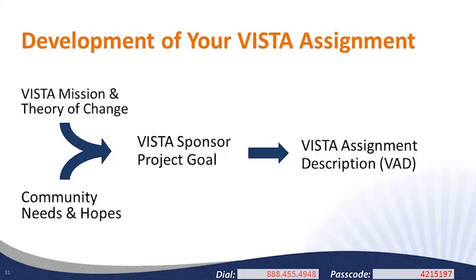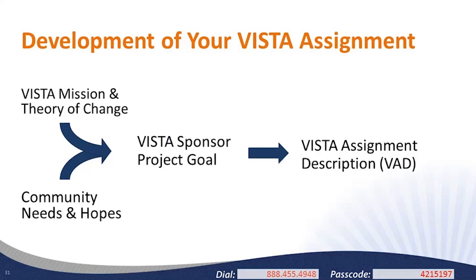And like a work plan, it's also important to your supervisor to recruit, support, and coach you throughout the year. So we recommend that you ask your supervisor for a copy of the project application. This will allow you to get a deeper look at what the community identified as its needs and hopes, and to better understand your VAD in the context of the overall project goal.